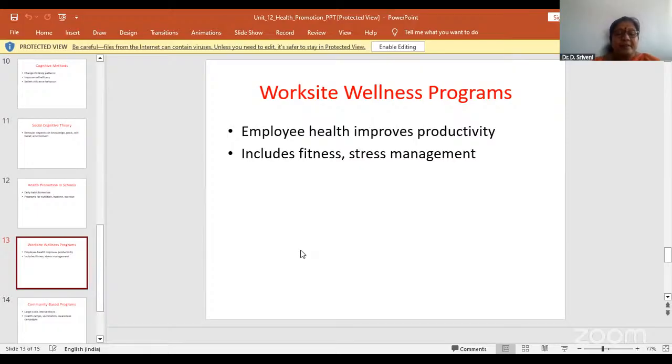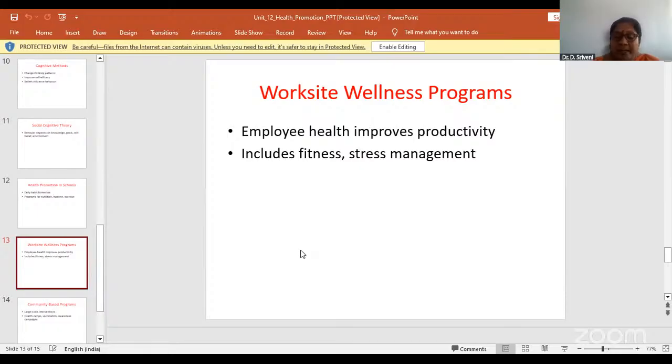Organizations today increasingly recognize that the health of the employees directly affects productivity, efficiency, and overall organizational success. Poor health can lead to absenteeism, reduced performance, and increased healthcare costs. Therefore, many companies invest in wellness programs to encourage healthier lifestyles among employees.